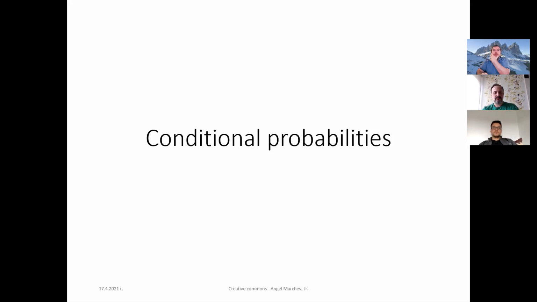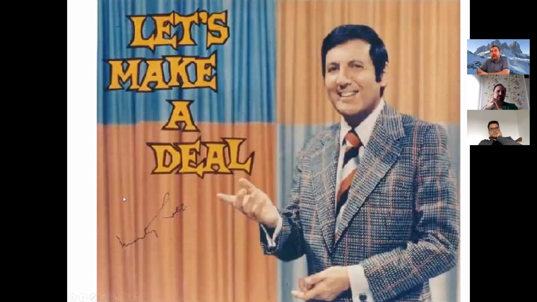Okay, so conditional probabilities, and this time I'm going to start by playing a game with you. I skipped most of the games, but this game I'm not going to skip. You have probably heard of this one. Have you heard of Let's Make a Deal, the Monty Hall problem? No? Okay, so it's a TV show.